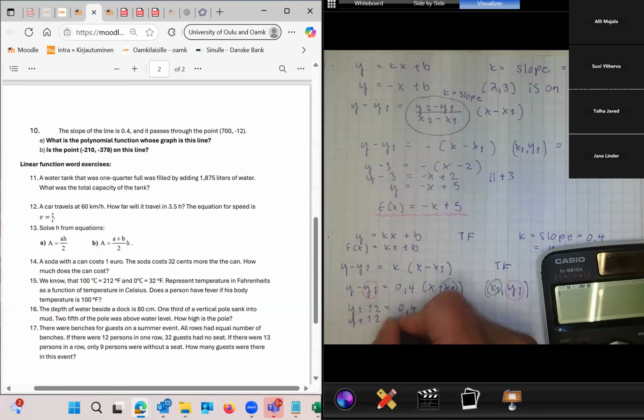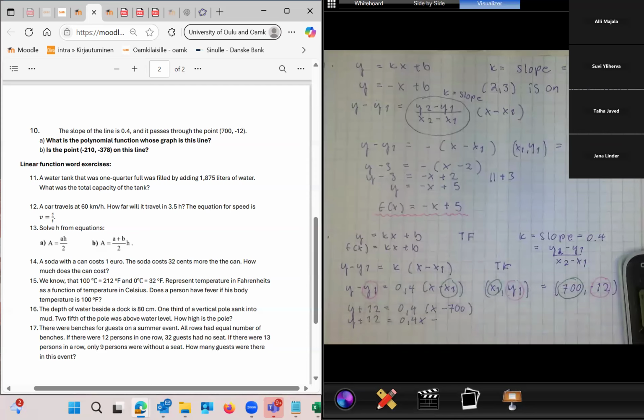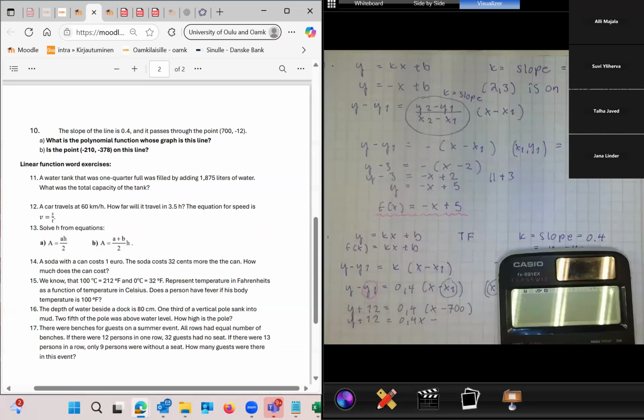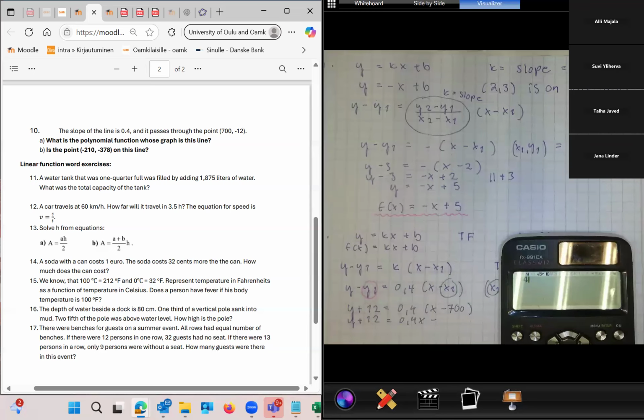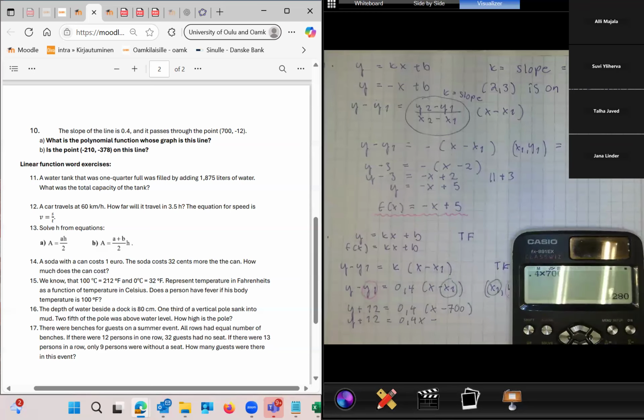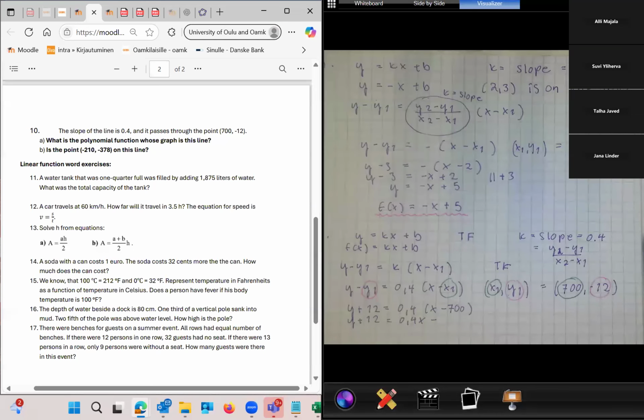Plus 12 is 0.4x minus, so 0.4 times 700. I should calculate it in my head just like that, but I don't. You know, this is really easy. It's just 4 times 7, yeah? But I don't trust myself.